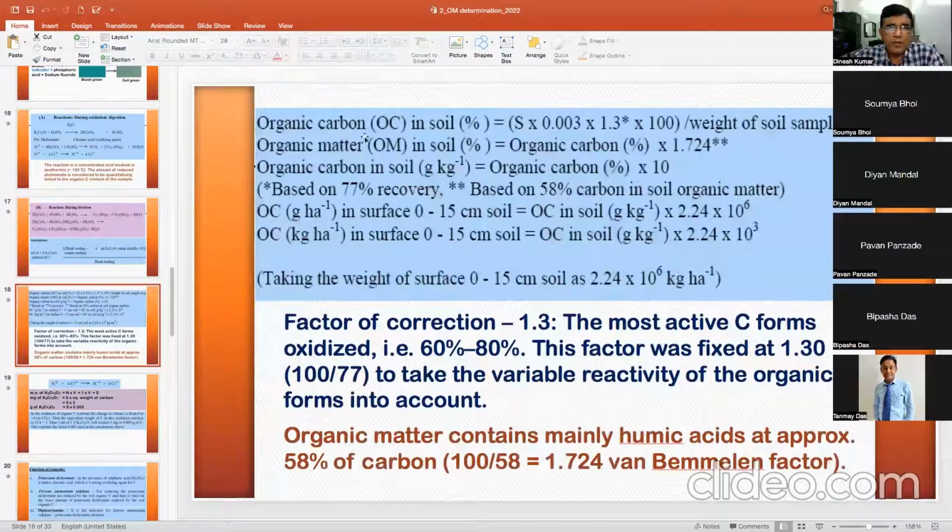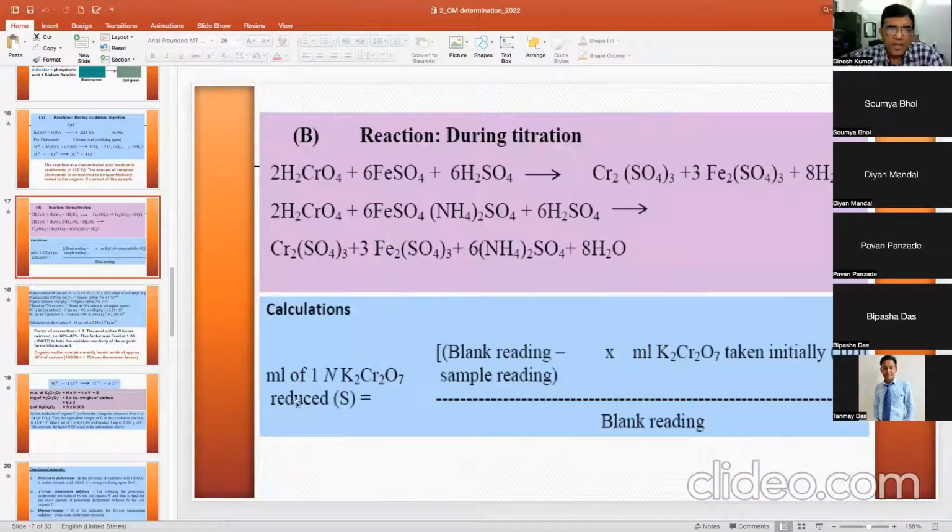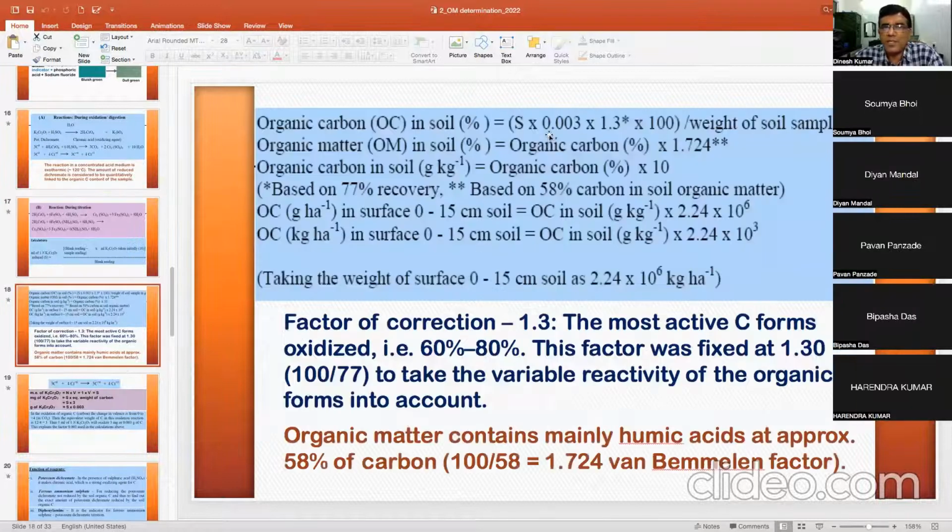So here you get organic carbon in soil in percentage, S into 0.003. What was S? This is ml of 1 normal K2Cr2O7 reduced. So S into 0.003 into 1.3. What is this 1.3? This is a factor of correction. The most active carbon forms are oxidized.